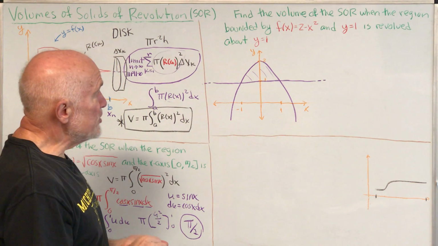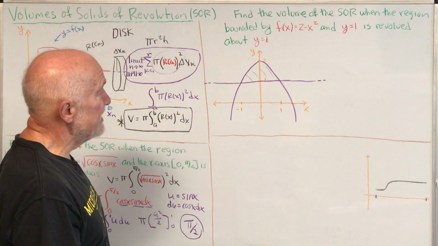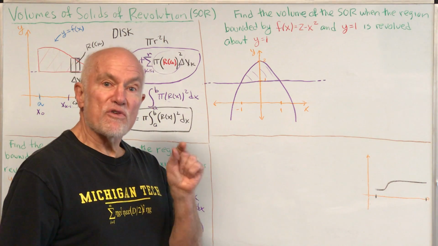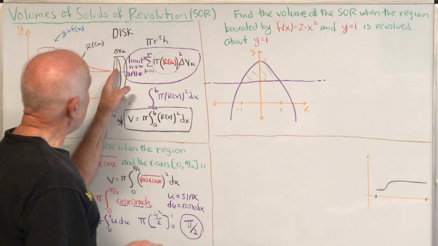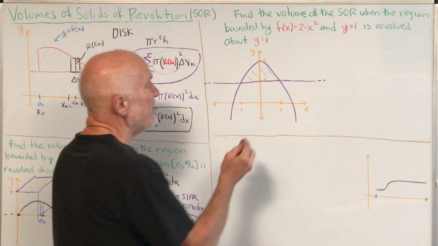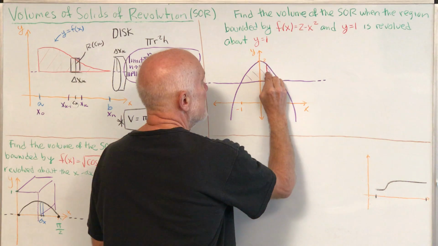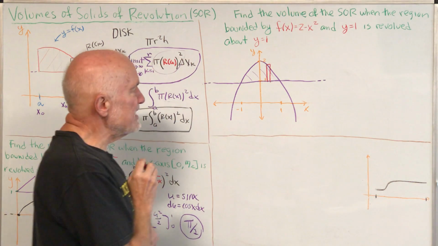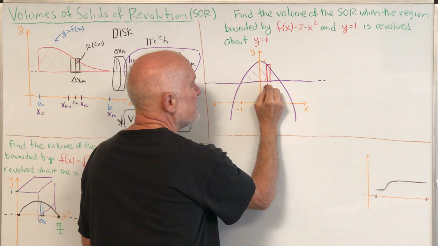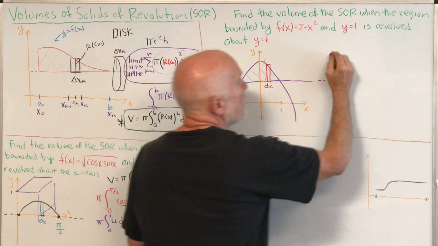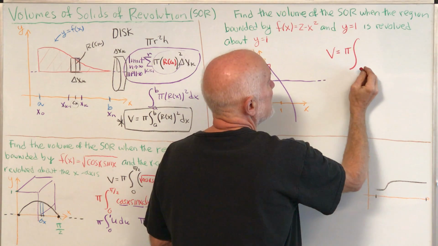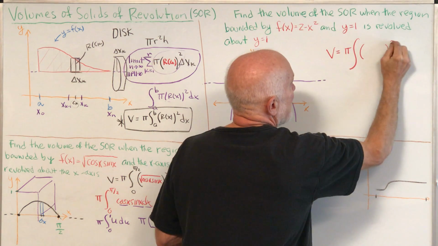So we've got our region, we've got to put in our rectangle, and realize we only have one way to make the rectangle, because to really make a disk, the rectangle has to be perpendicular to the axis. So I had to make my rectangle that way. So this is dx, and then I can just write my formula. Pi integral radius squared dx.